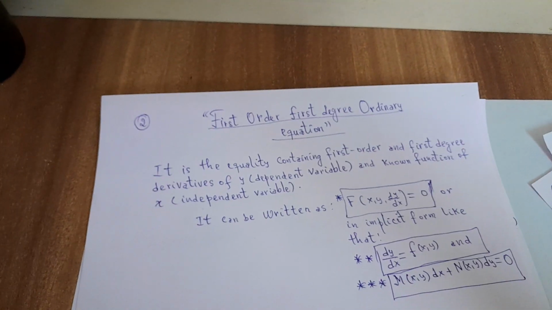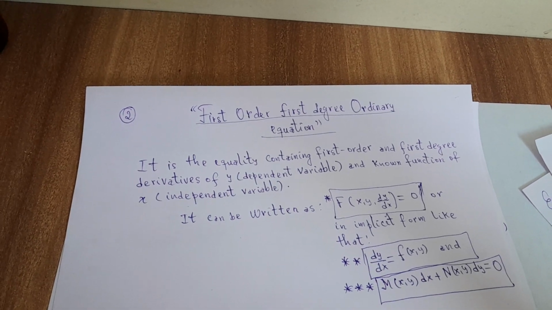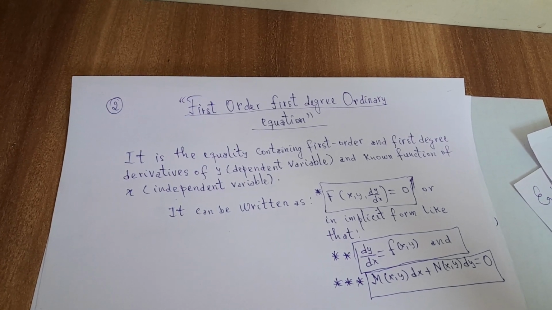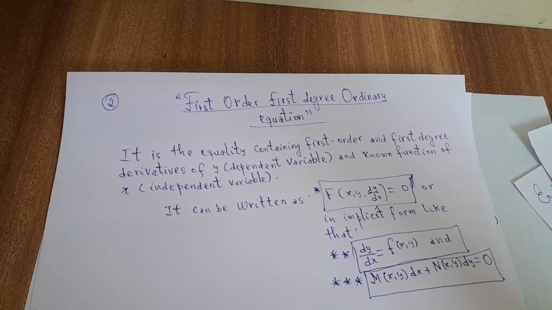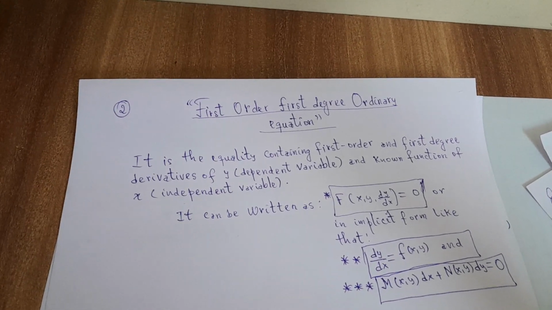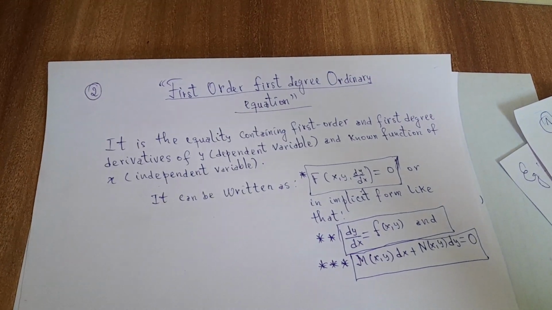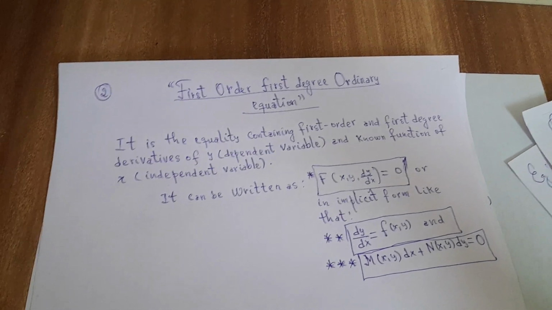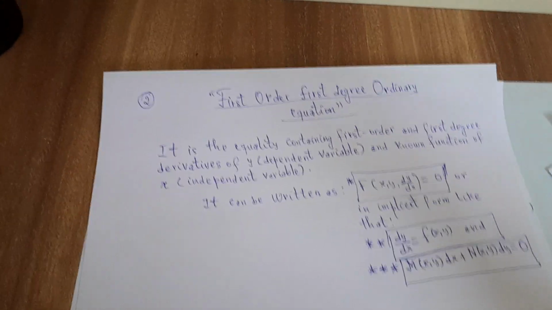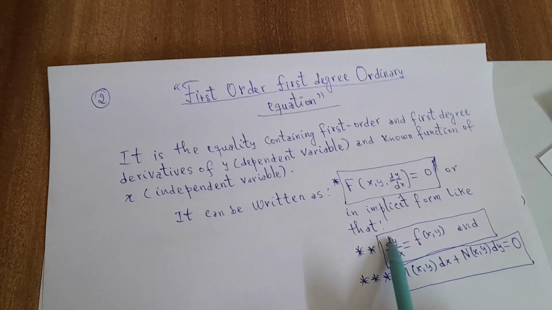So y is once differentiated with respect to x, and this derivative of y with respect to x is not repeated more than one time. This is what we mean by a first order and first degree differential equation.